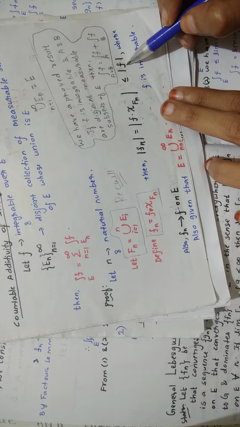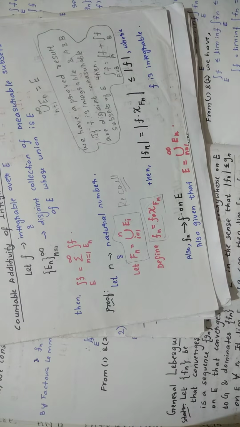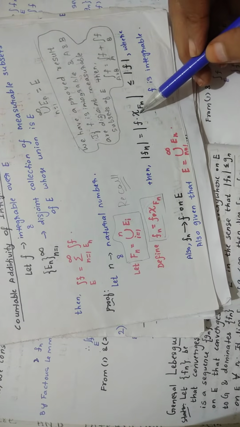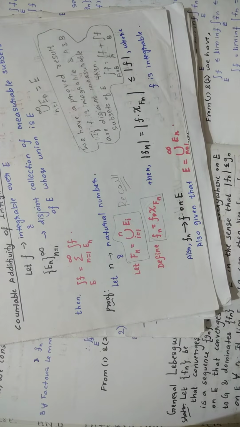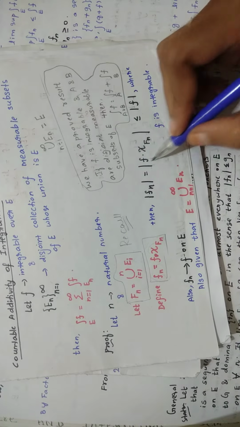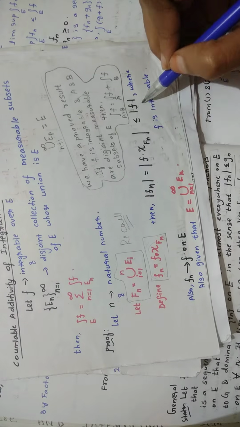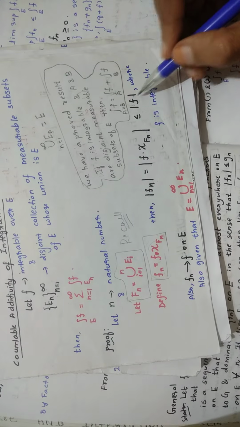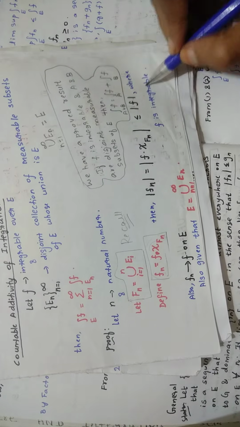There might be some conditions you may have before this theorem, you may have this result: modulus of f times chi of Fn will be less than or equal to the value of this, where you know that f is integrable. The statement you are having, you are writing that.